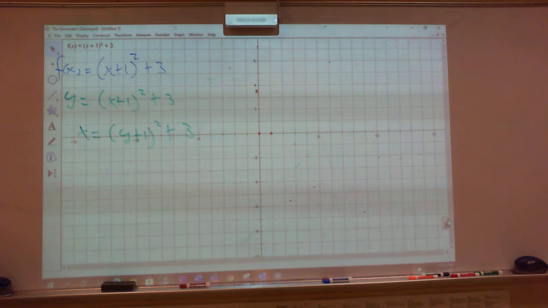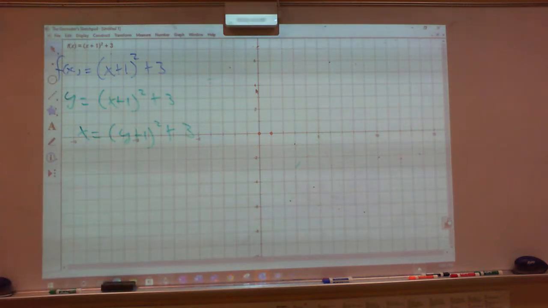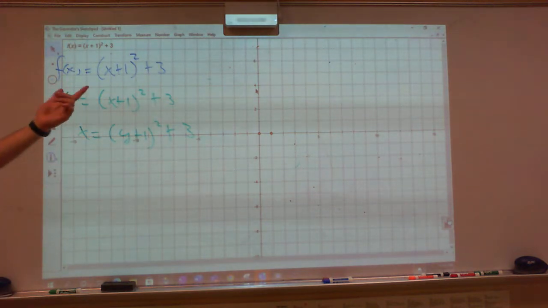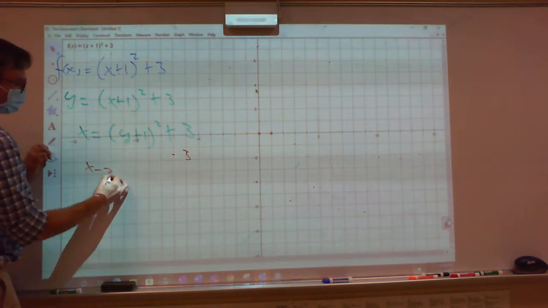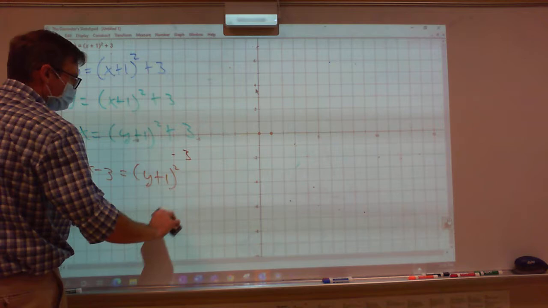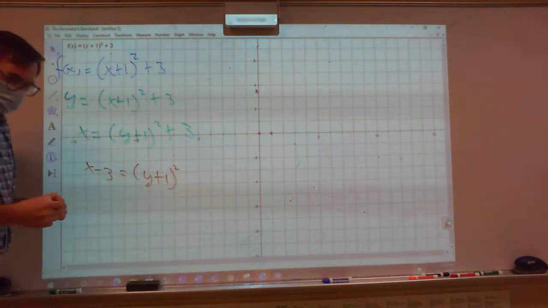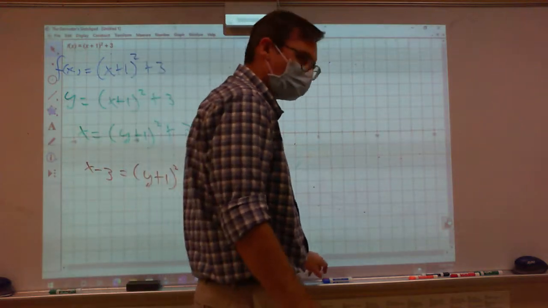So what do we do to solve for y? What do we do to get y by itself? Subtract 3. So that's going to give me x minus 3 is equal to (y plus 1) squared. All right. Now what? Remember, we're trying to get y by itself. What do we do?